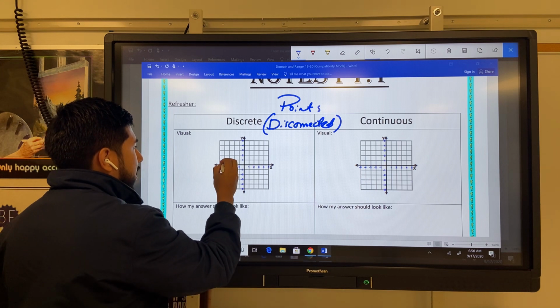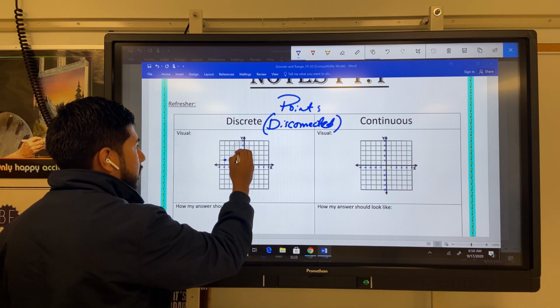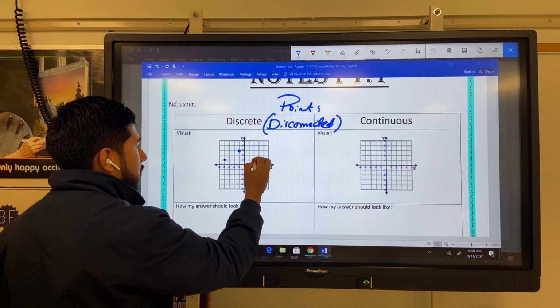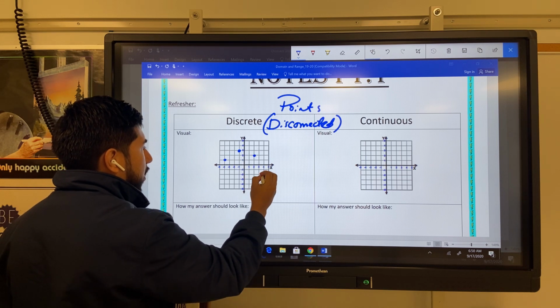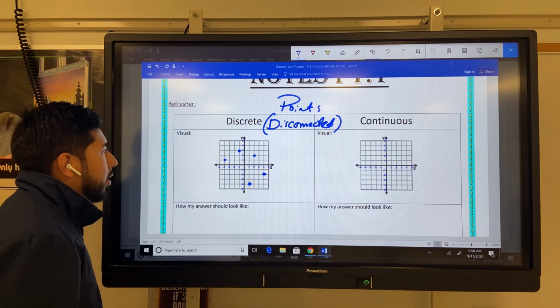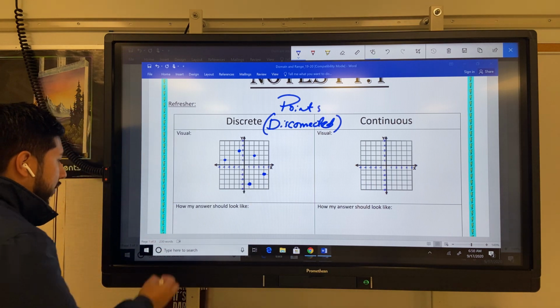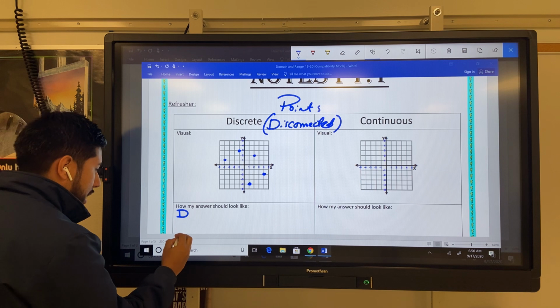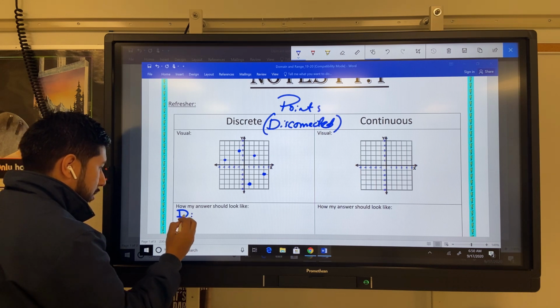Let's draw a couple points here and there. A lot easier than having to draw it, right? And I should be able to give myself my domain and my range.